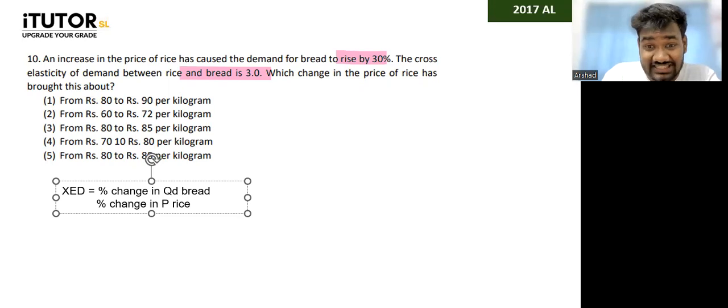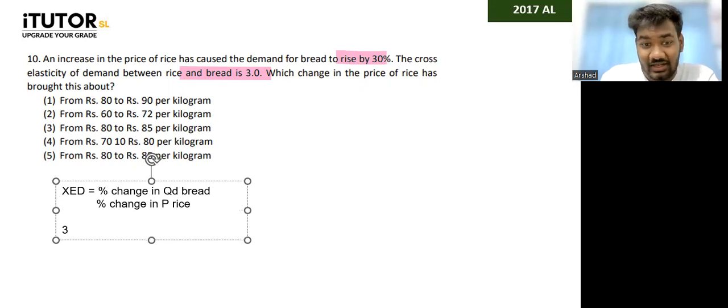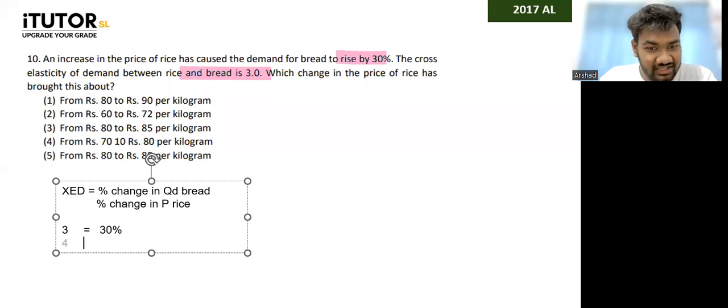So how much is our XCD? In the question they have given plus 3. The percentage change in quantity demanded for bread: they are saying the increase in the price of rice has caused the demand for bread to rise by 30%, so it's a plus 30%. Can you work around and tell me how much is the percentage change in price of rice?